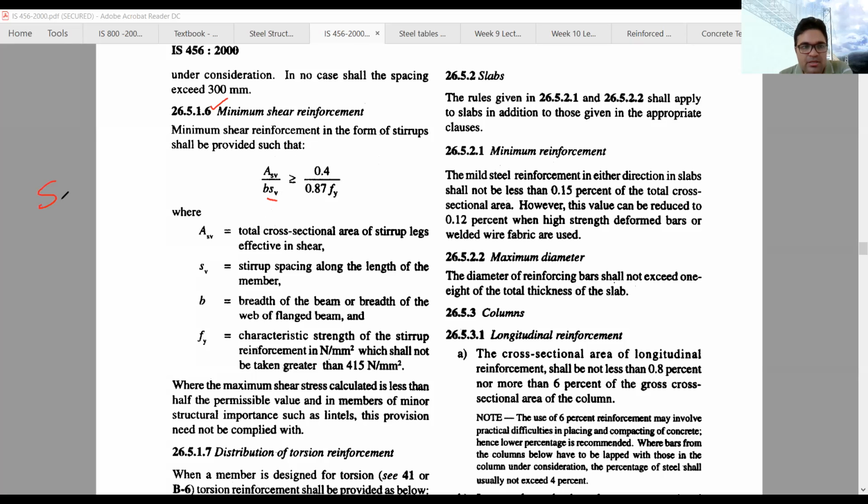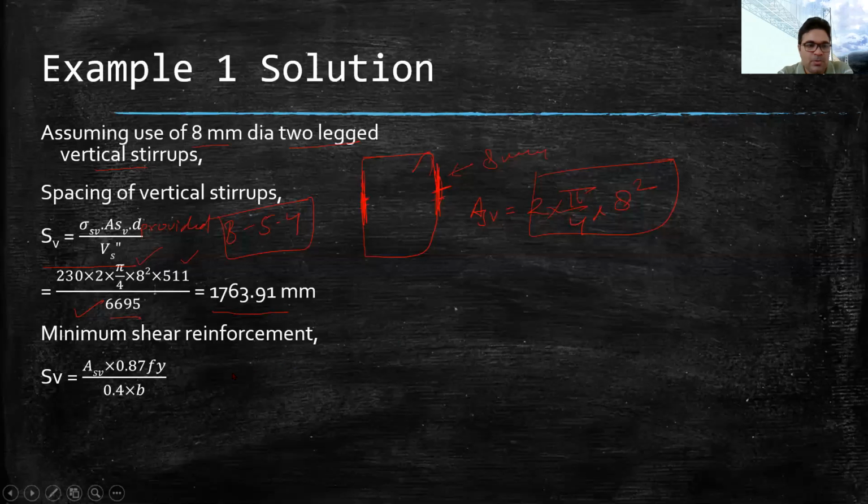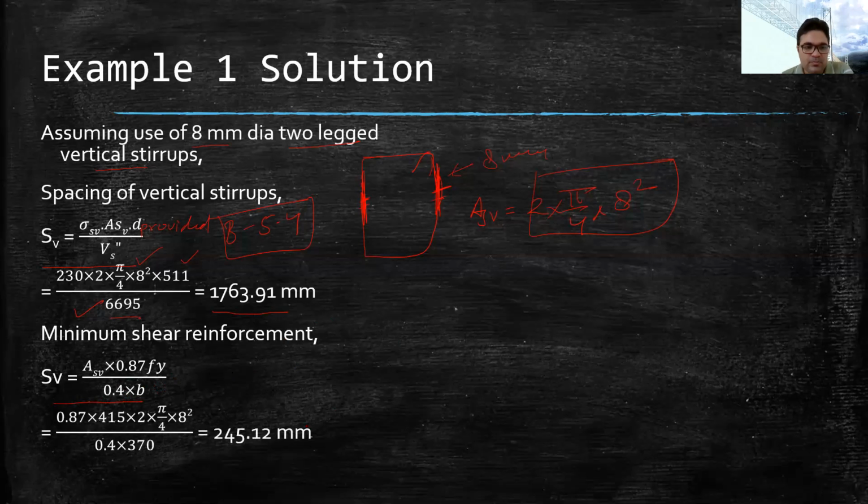So SV can be written here as ASV into 0.87 Fy upon 0.4 B. From this formula, we can find out SV. We will check that on the slide. There you can see the same formula that I have written here from page number 48. Putting all the values again here, the spacing from the minimum shear reinforcement criteria is 245.